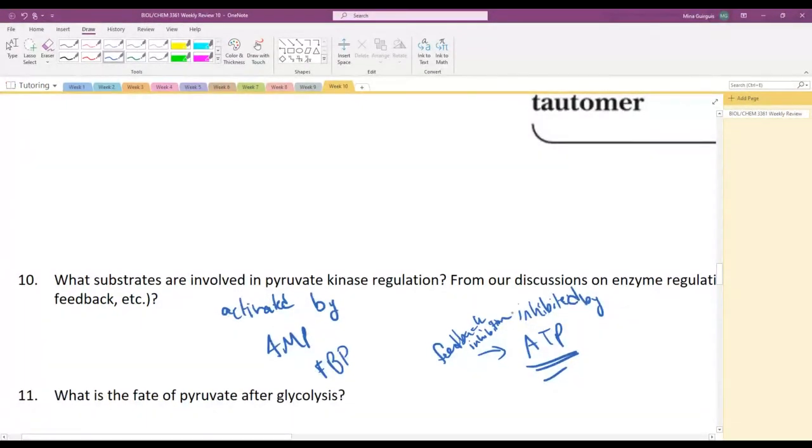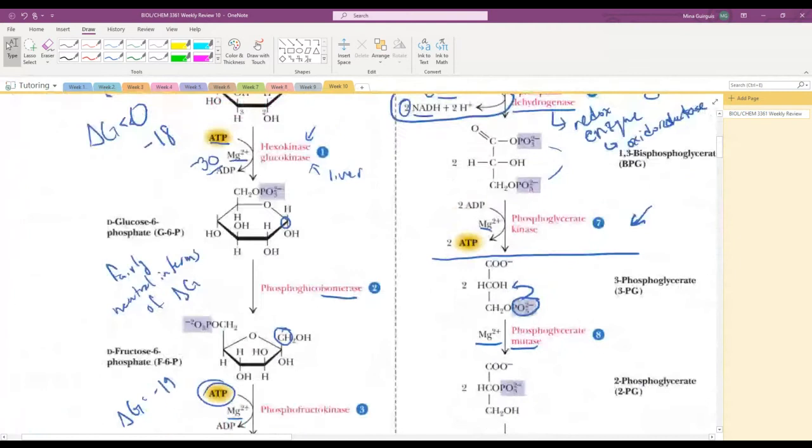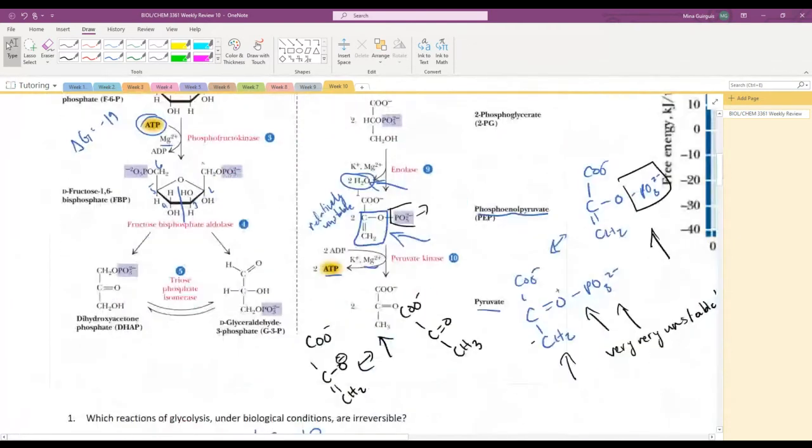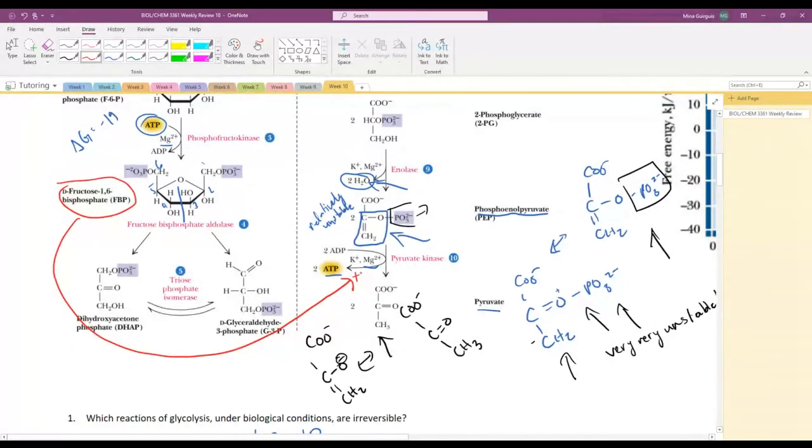There we go. Fructose 1,6-bisphosphate activates pyruvate kinase. So let's think about that with respect to all of glycolysis. Fructose 1,6-bisphosphate is this thing over here. This goes in and activates this. Why? This comes down to the idea that reaction 3, which forms fructose 1,6-bisphosphate, is our step that commits to glycolysis.